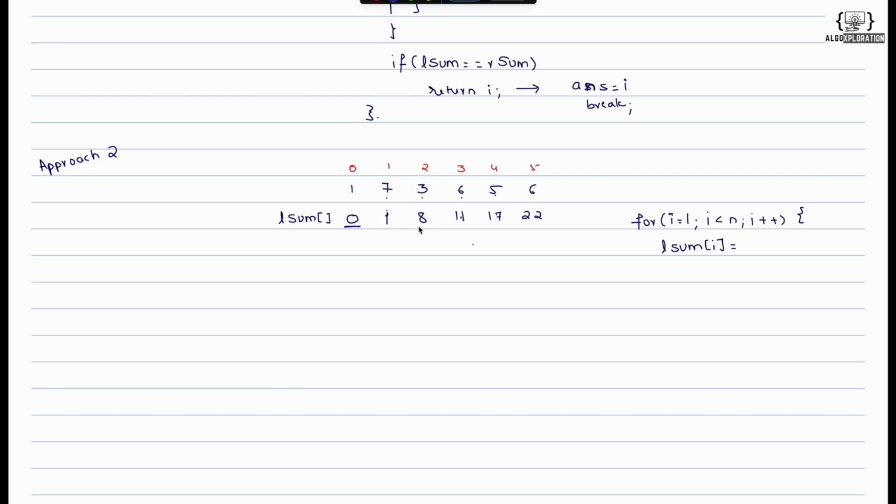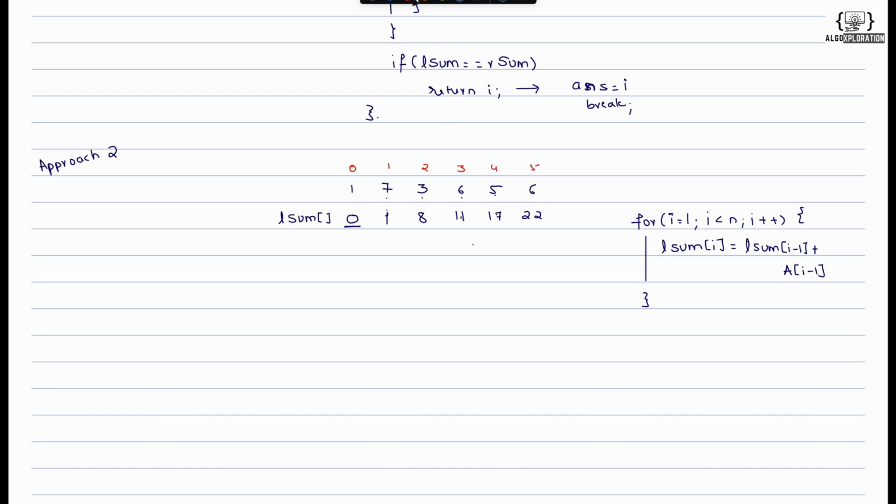We can see that if we want to get 8, then it is 1 plus 7, right? So left sum of i minus 1 plus a of i minus 1. So using this, you can calculate the left sum of every index.